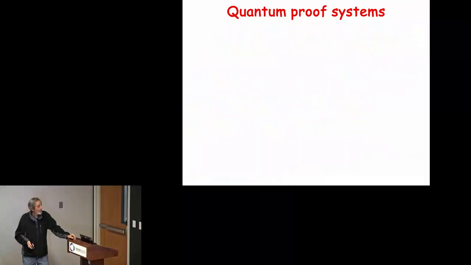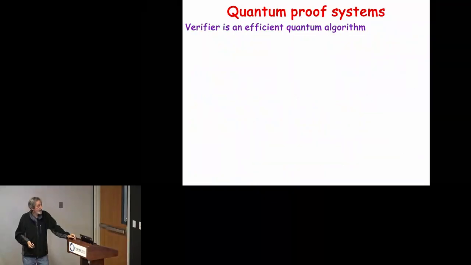So what are quantum proof systems? Again, we have our template. We simply let the verifier be a quantum algorithm, and the provers too, because they may communicate with quantum bits. First, there was this suggestion. This is the analog. When I put a star, I mean quantum.